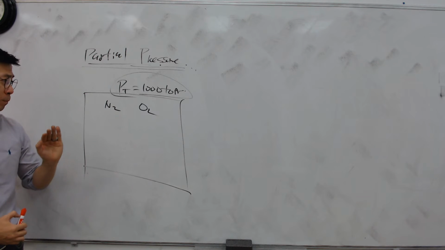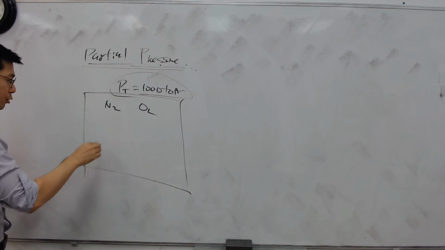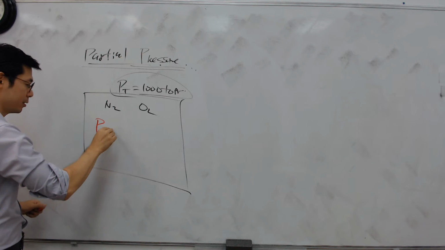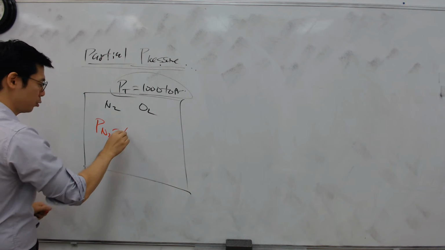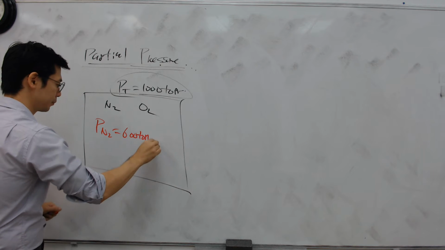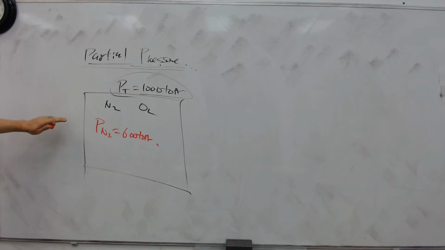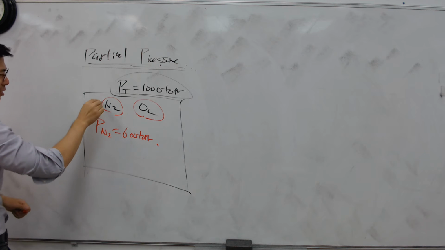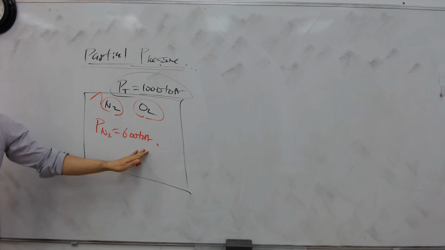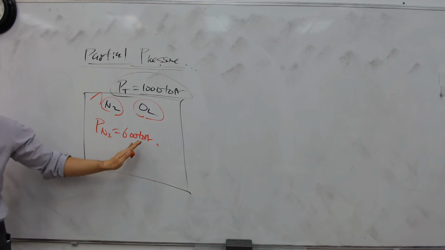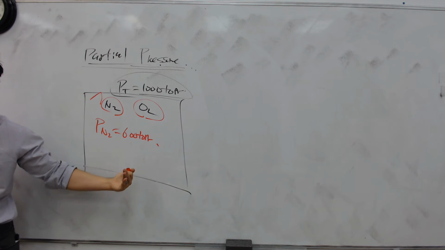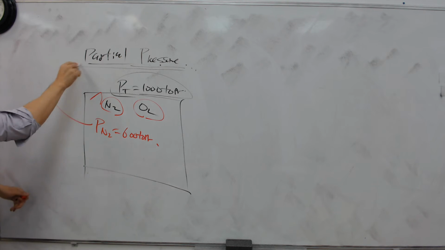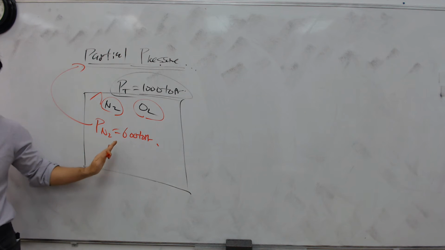The pressure due to N2 gas is 600 torr. So the total pressure is 1,000 torr, exerted by two gases on the wall. The N2 gas will exert 600 torr. That's the pressure exerted by the N2 gas, which is what they call the partial pressure of N2.